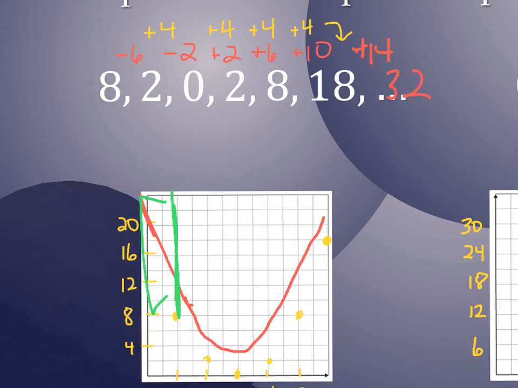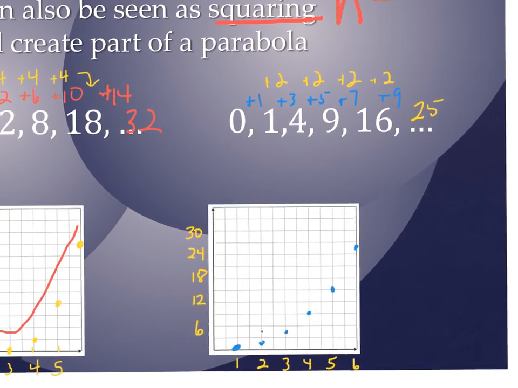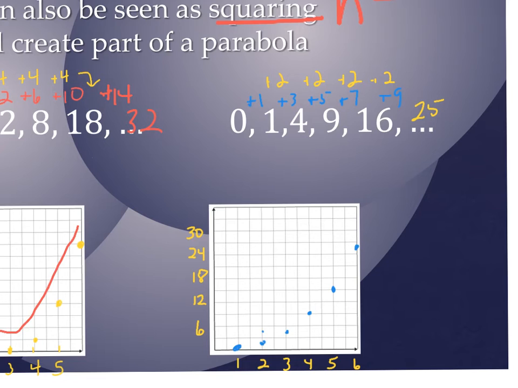And then if we look at the other one, which was 0, 1, 4, 9, 16, we can see that this is going to be the term number minus 1, squared. So this is term number minus 1, not term number minus 1, squared. Term number 1 would be 1 minus 1 squared, which is 0.